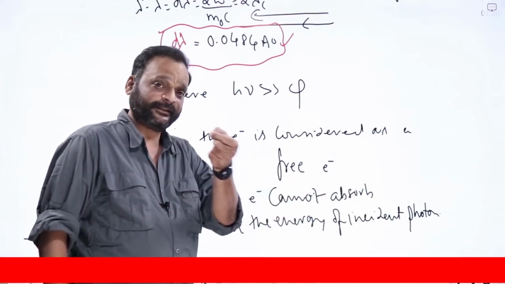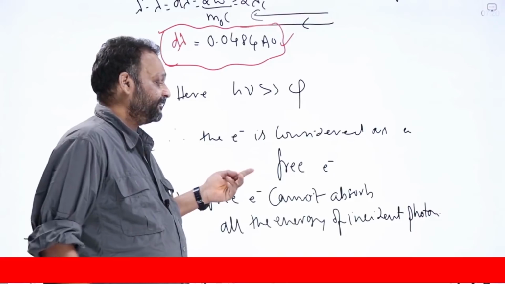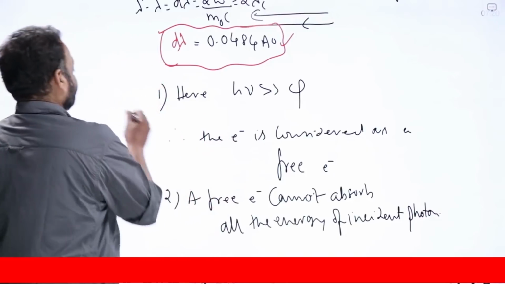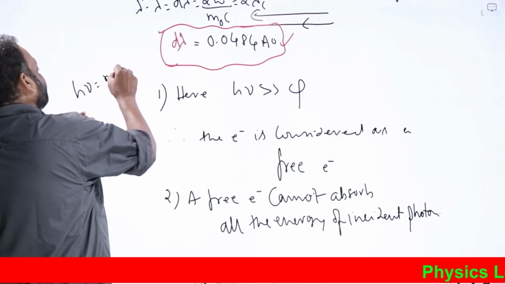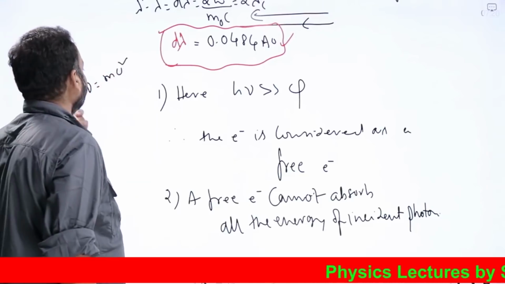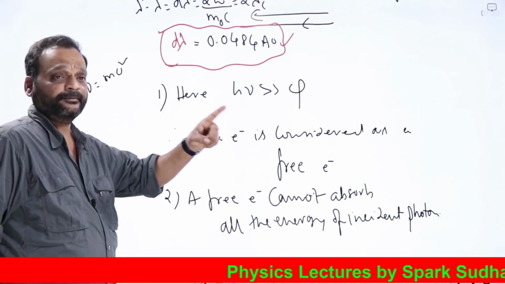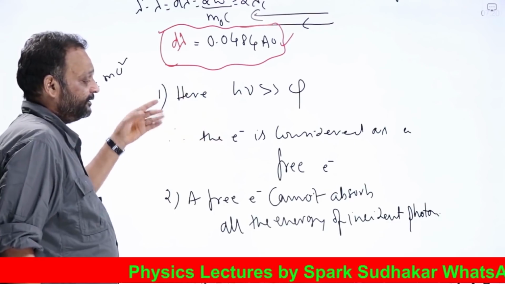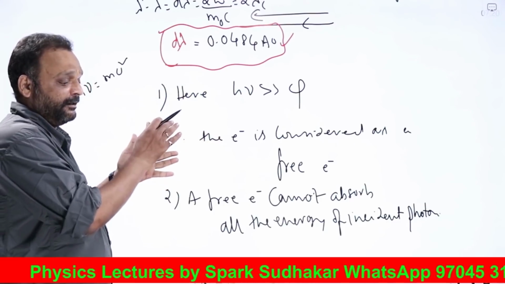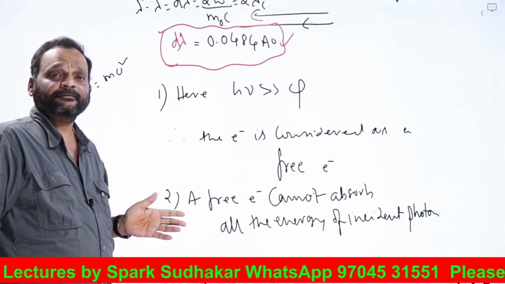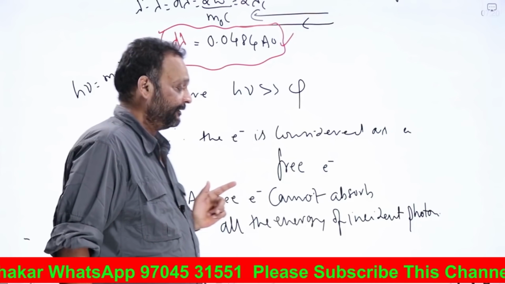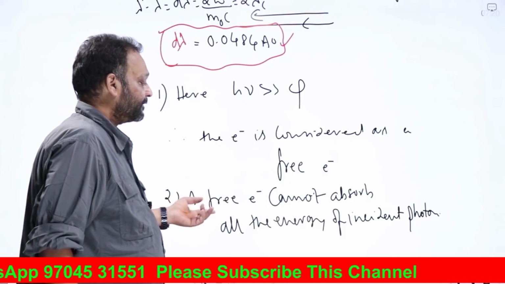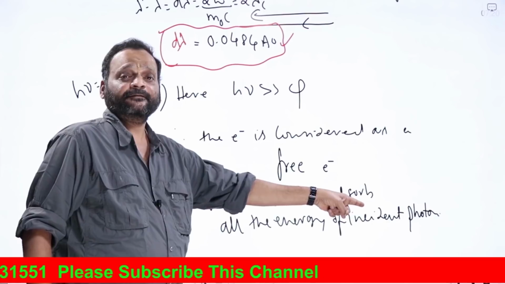Take this as an assignment. Use conservation of energy: the photon's energy is h nu, and that should go to the electron. The electron's energy becomes mc square. Use the conservation of momentum principle and the conservation of energy principle. You will not get m equal to m naught by root of 1 minus v square by c square. That equation will not be satisfied. So we can prove that a free electron cannot absorb all the energy of the incident photon.